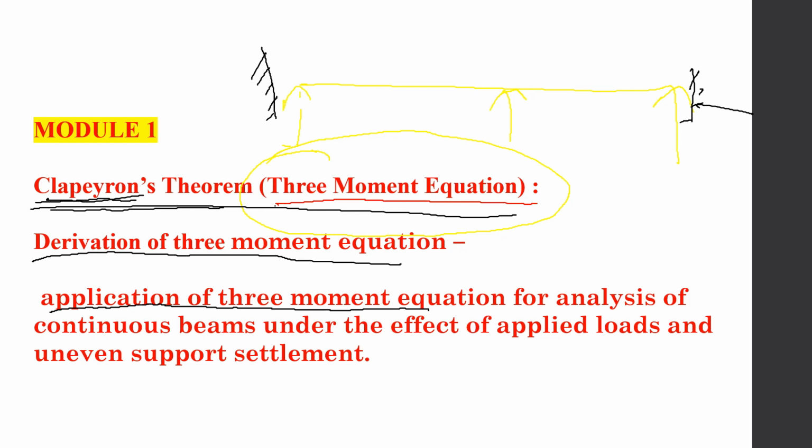We are going to study these things in today's class, and we will start Clapeyron's theorem from the next class. Today you will see what a simply supported beam, a continuous beam and a fixed beam are, how to find the statical indeterminacy of a beam, and the comparison of bending moments.